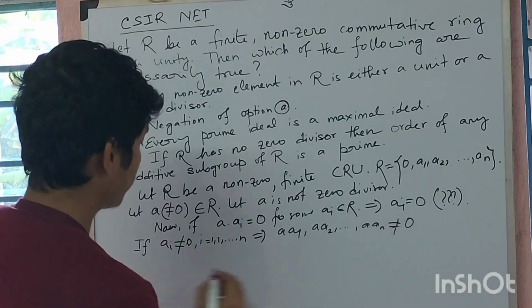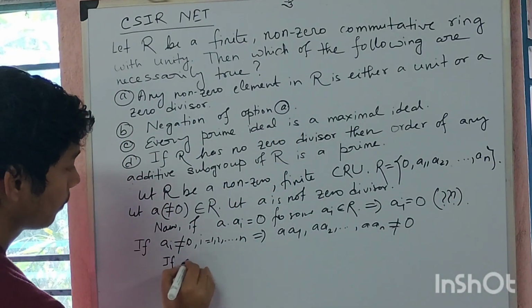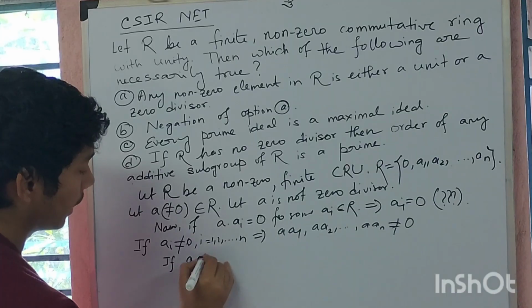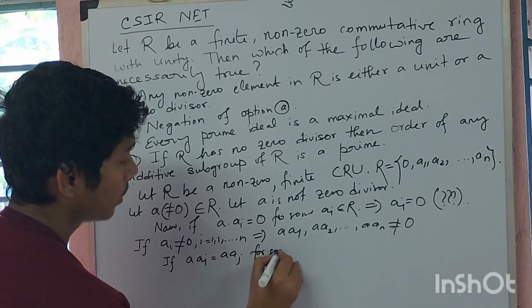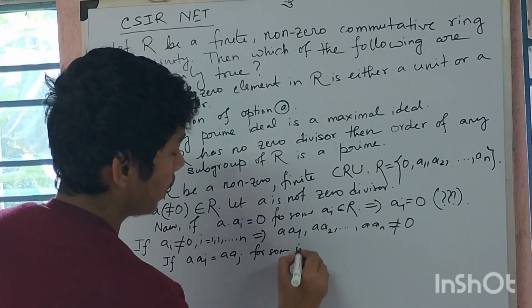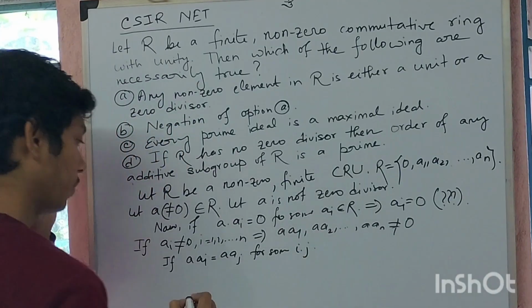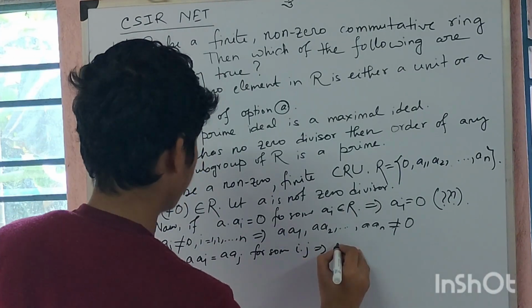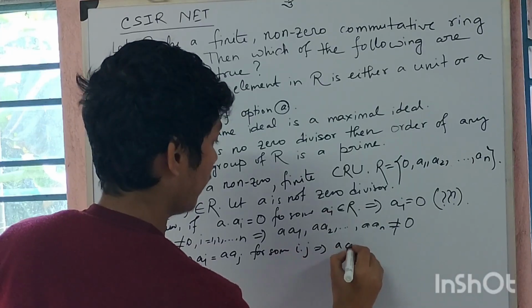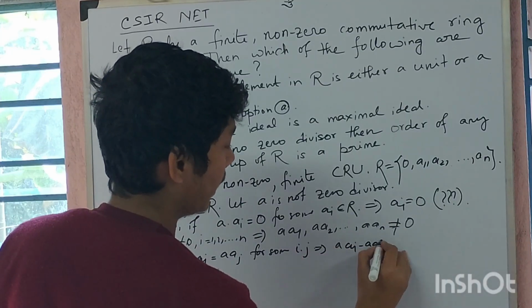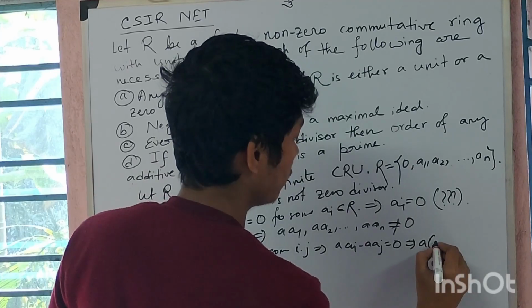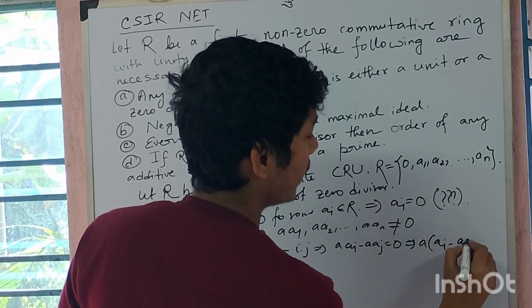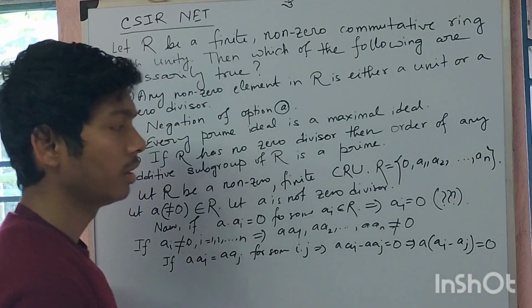And also if a·ai equals a·aj for some i, j, it will imply that a·ai minus a·aj equals 0. If I take a common, then a(ai minus aj) equals 0.